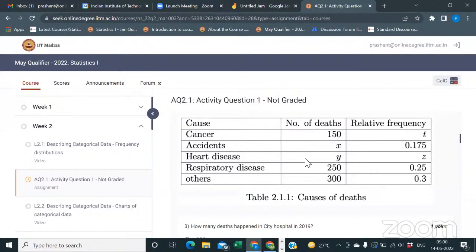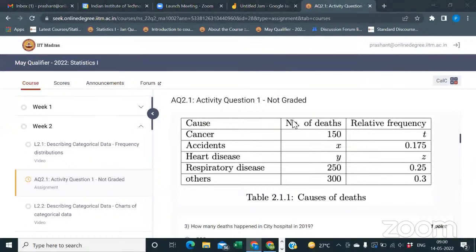It's a column of frequency. Due to cancer, 150 died. Due to accidents, there are X deaths. Heart disease, Y deaths. So you have to find the total number of deaths. How can you find that?